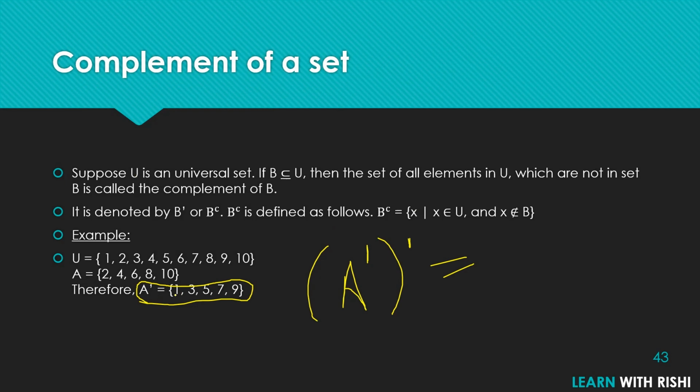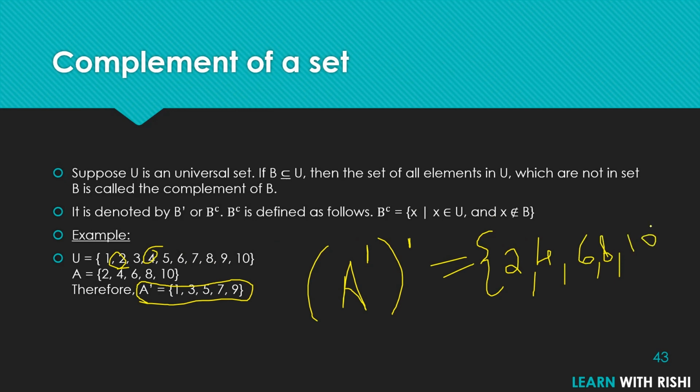So 1 is in A complement, 2 is not in A complement, so I will include here 2. 3 is in A complement, but we want elements which are not in A complement because we are taking the complement of A complement. Then I will take 4. Similarly 6, 8 and 10.